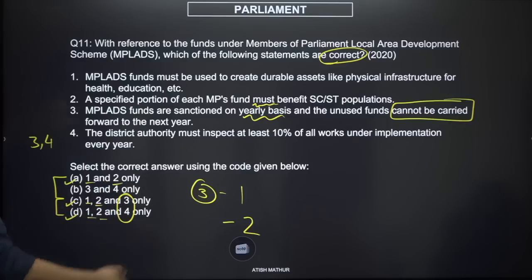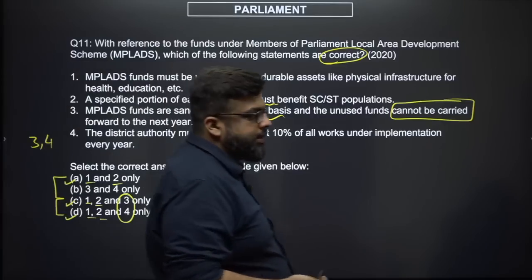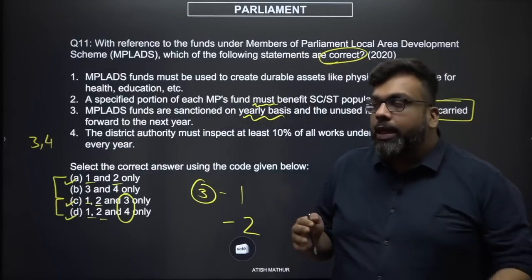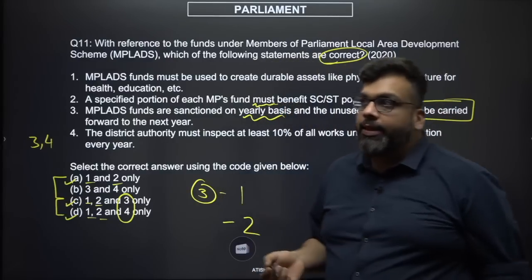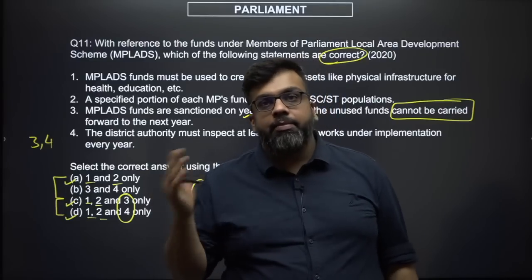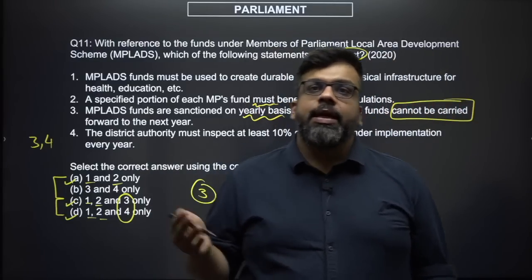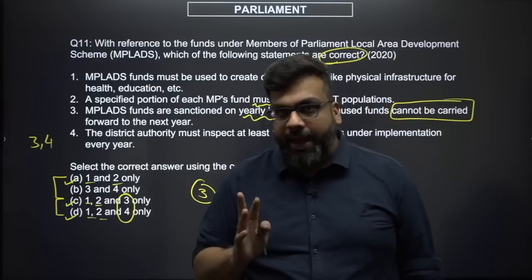The district authority must inspect at least 10% of all works under implementation. What have you ever heard about carried forward funds? You would have heard of something called the March rush in the budget, that the ministries or the departments have to spend the money allocated to them before the financial year ends. Otherwise, it lapses, the government takes it back.